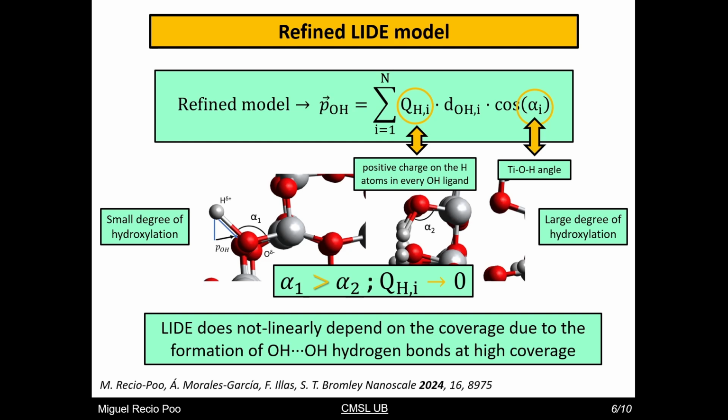This is due to the formation of OH-OH hydrogen bonds. There's an H-bonded network that promotes this bending of the alpha angle and also the delocalization of the positive charge, making both quantities decrease for larger and larger degrees of hydroxylation.